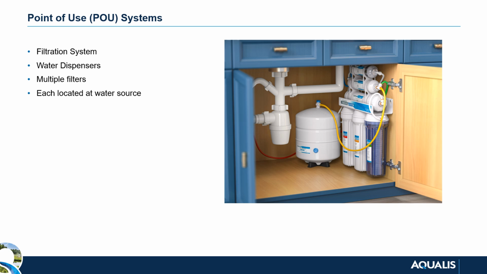Now, treatment of water can be done one of 2 ways. The first method would be a point of use system, which is only treating certain sections of the distribution system based on its use, such as a kitchen or a bathroom, anywhere that you would use water to drink or to cook with, such as a water fountain or a dispenser. You would only be treating water just at that location.